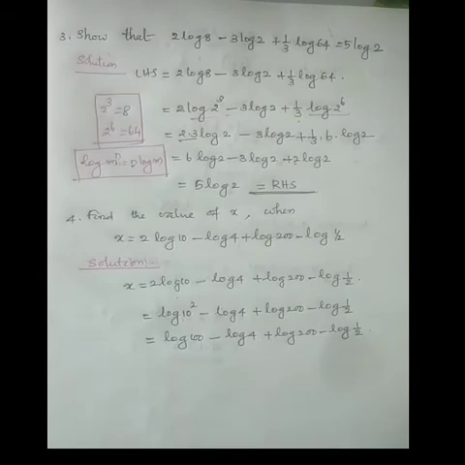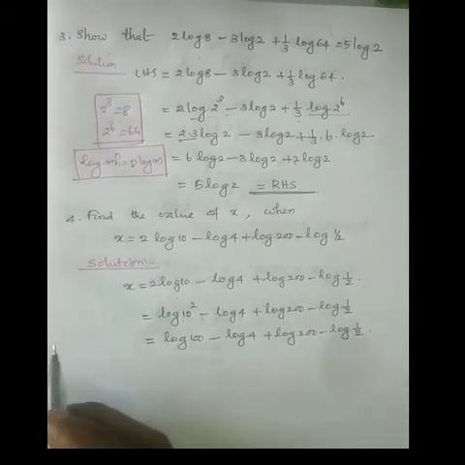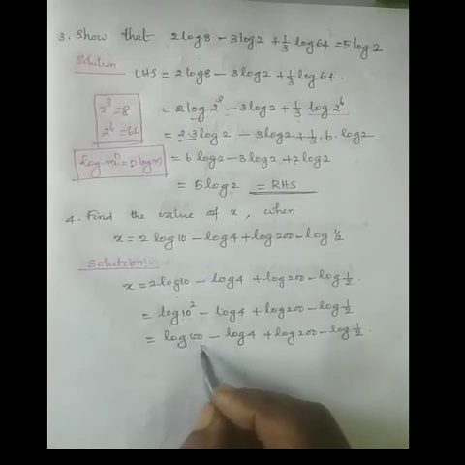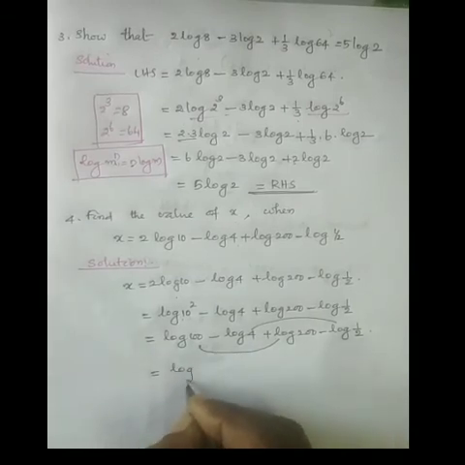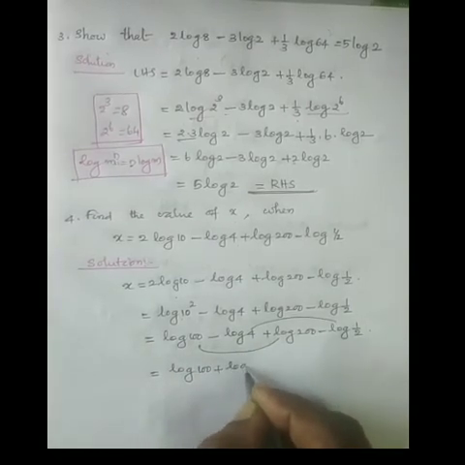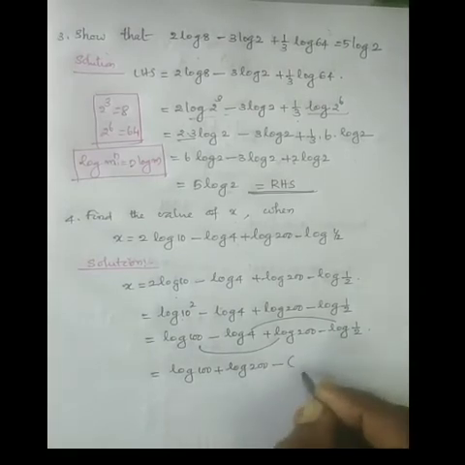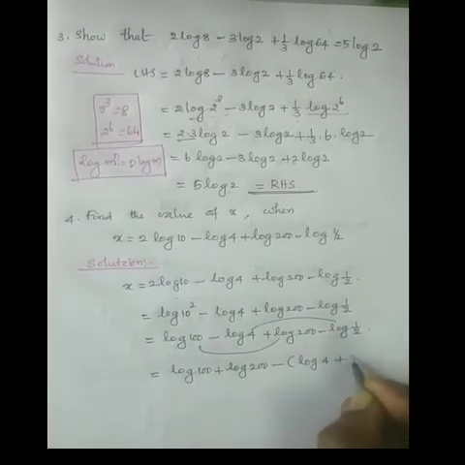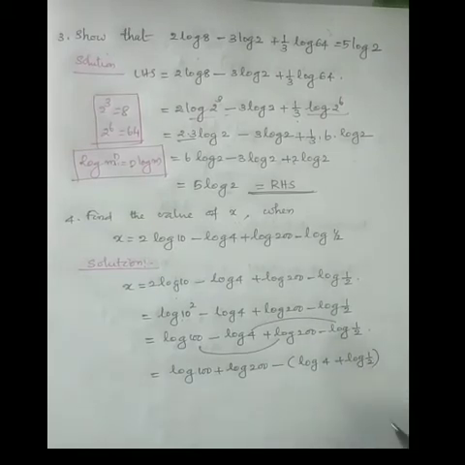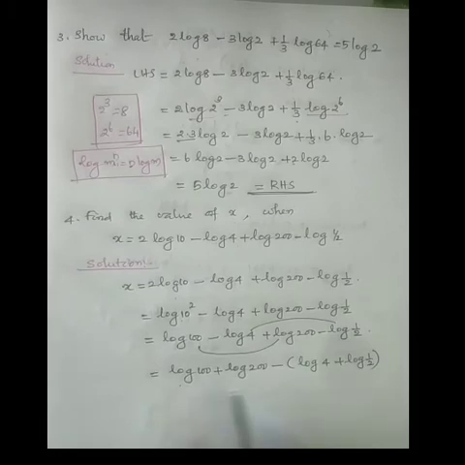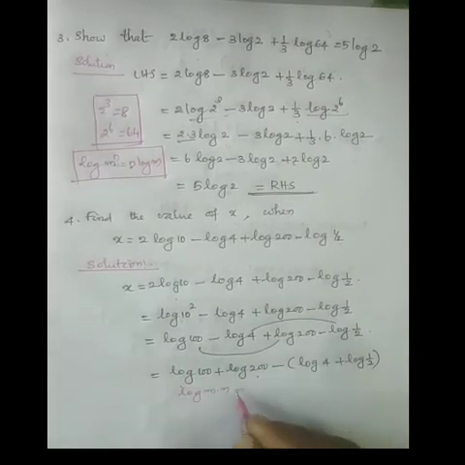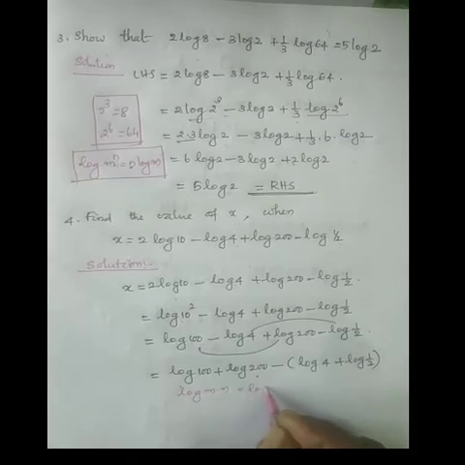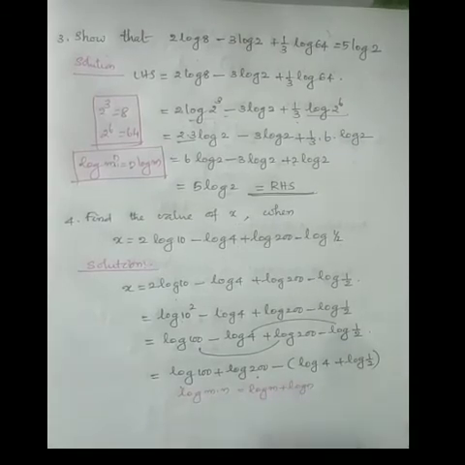Using the identity, we can club these two terms and these two terms. That is log 100 plus log 200 minus (log 4 plus log 1 by 2). Also we know that log m plus log n is log mn.